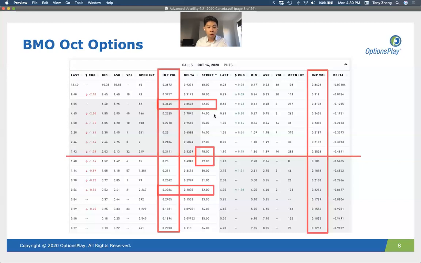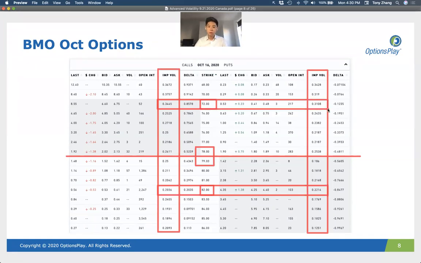We're talking about implied volatilities that are pretty different from each other depending on which strike price we're choosing. Now, if we also look at the put side, notice how the puts are also quite different. If I have, let's say, an $82 put option, this is looking at a 22% vol versus a $72 put option looking at a 31% vol.